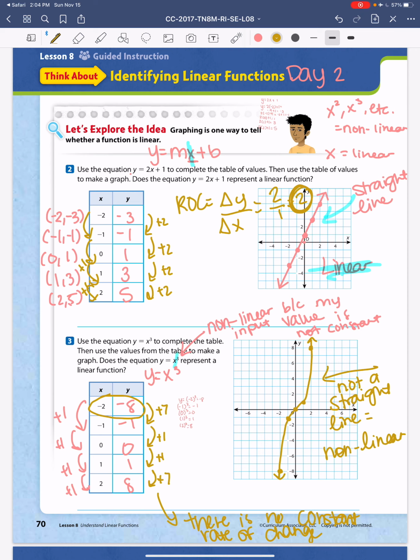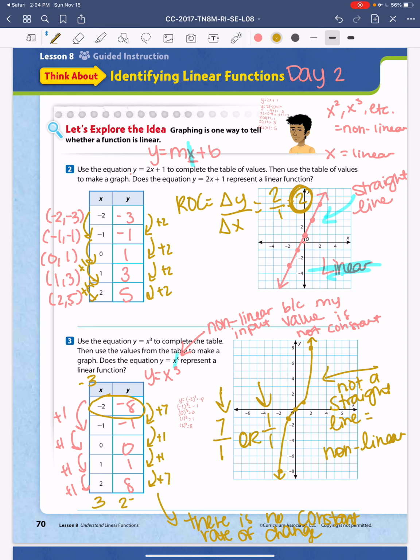But if I try to do it down here, sometimes I'd have a rate of change of 7 over 1. And then I'd have a rate of change of 1 over 1. You can't do that. That doesn't have a constant rate of change. It changes. It could even change more if I kept adding values like negative 3 for x and positive 3 for x.